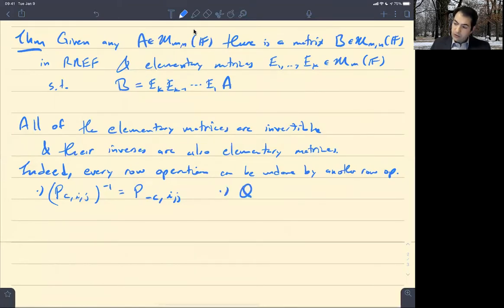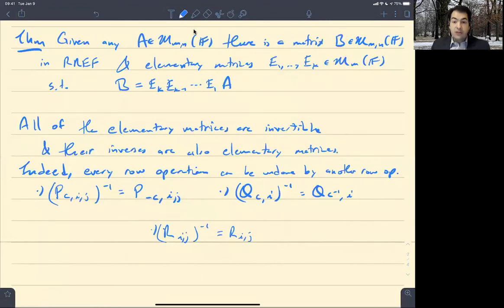If you start with the matrix Q_{C,i}, then the inverse is Q_{C^{-1},i}. C is an element of a field, and for the second row operation, we require that C be non-zero. And every non-zero element of a field has a multiplicative inverse. And then finally, if you switch the rows i and j, you can undo that by switching the rows i and j back. So this third type of elementary matrix is its own inverse.